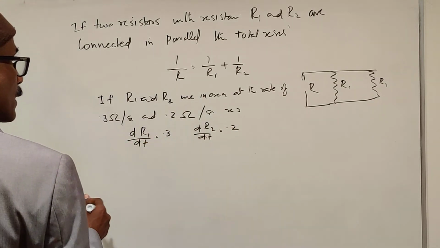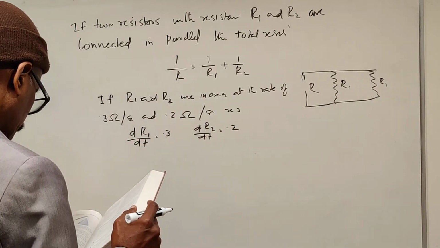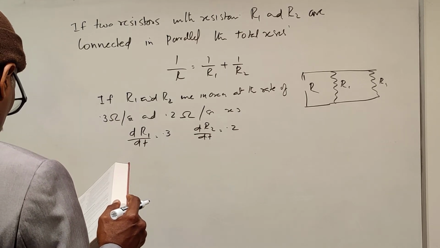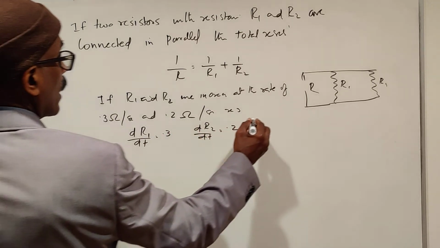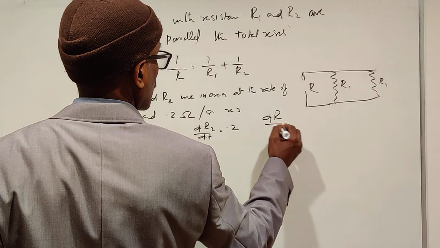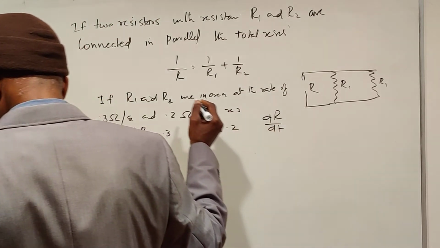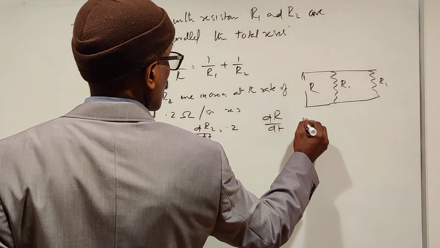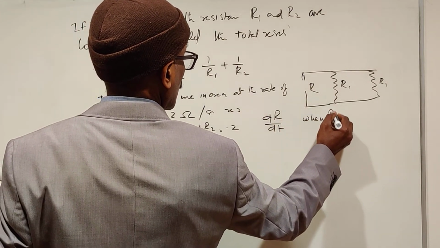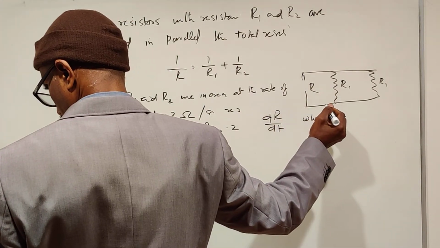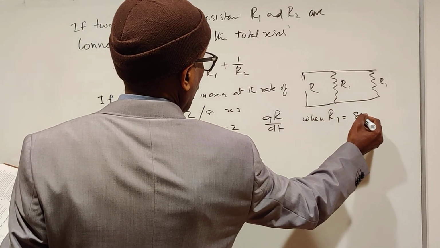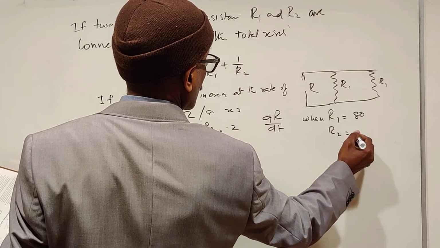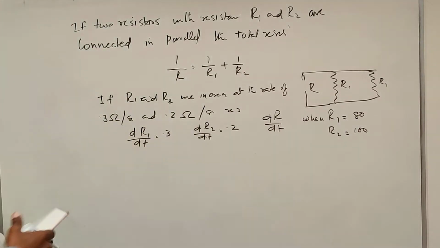Okay, that is important. Then how fast is the capital R changing? We are going to find out dR by dt, when R1 equals 80 and R2 equals 100. That is the question. Okay.